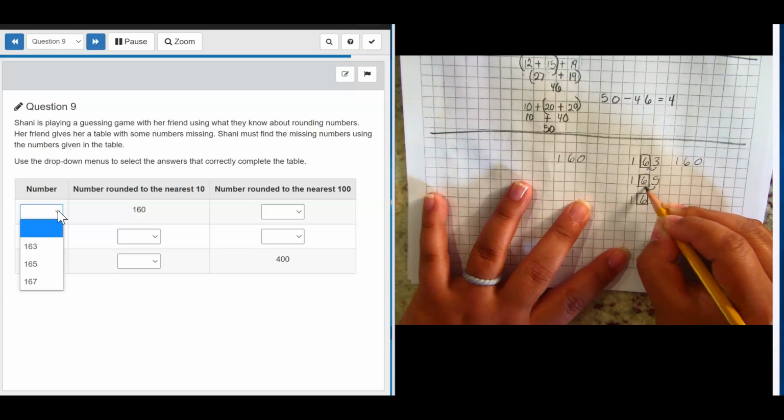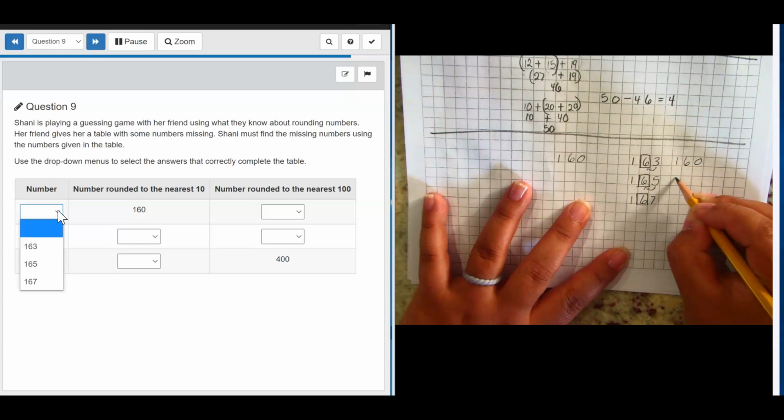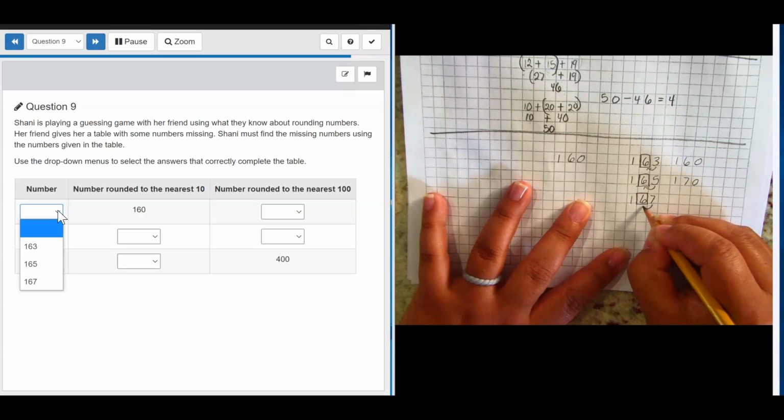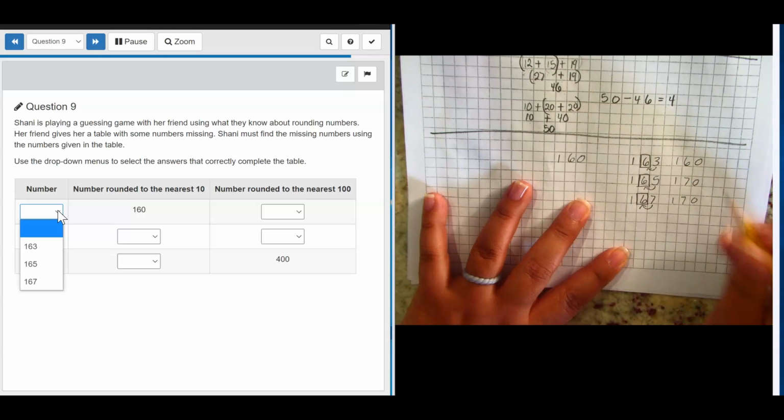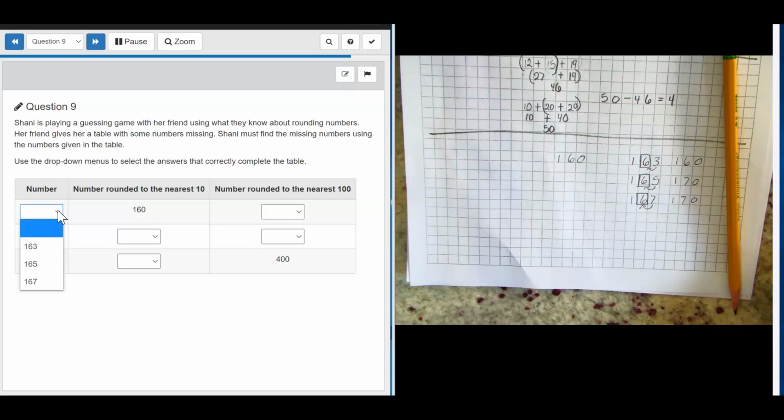My 5 is telling my 6 to go to 170. And then my 7 is telling my 6 to go to 170. So the only one that would work is 163, because if I had this in the first column, it would round to 160.